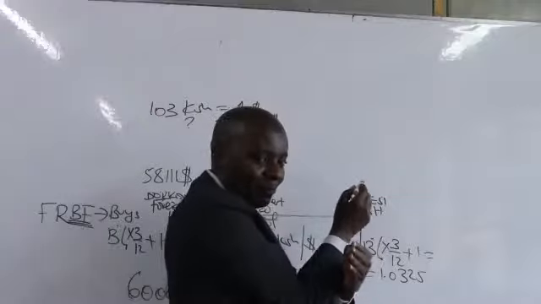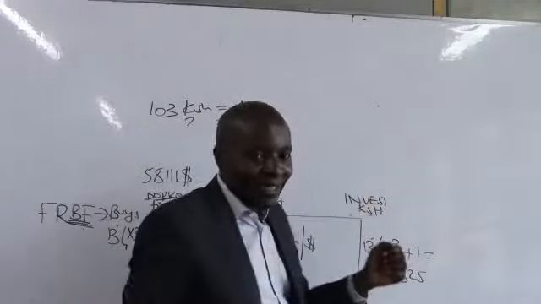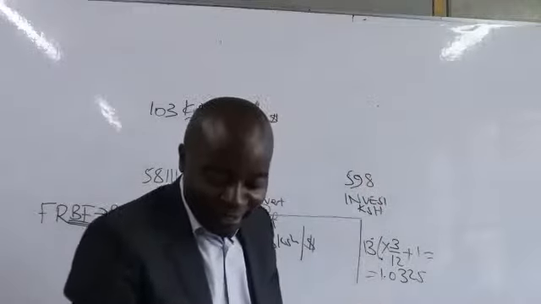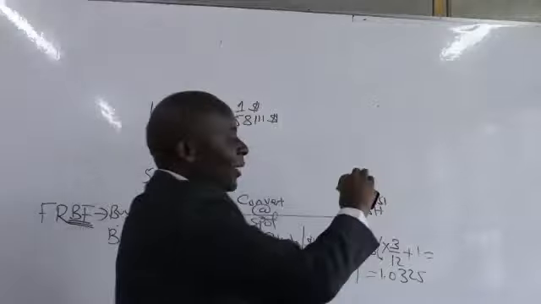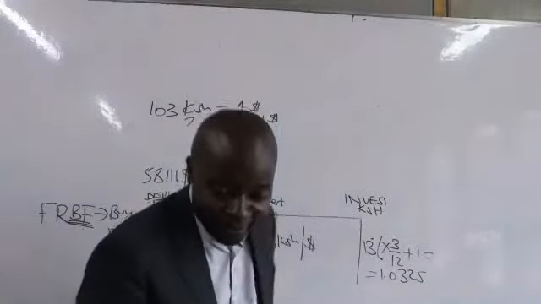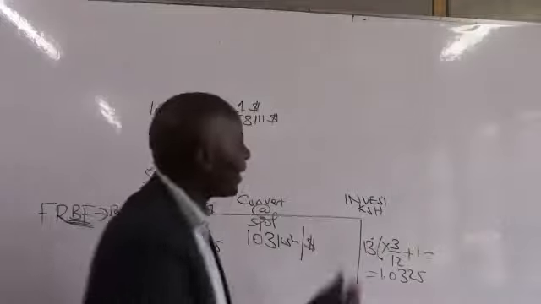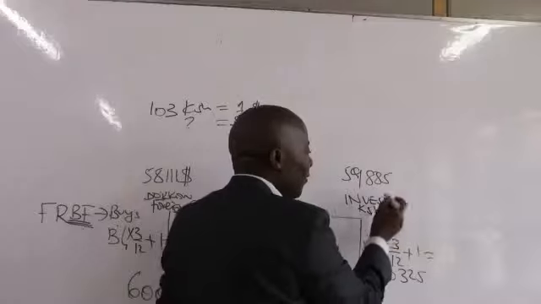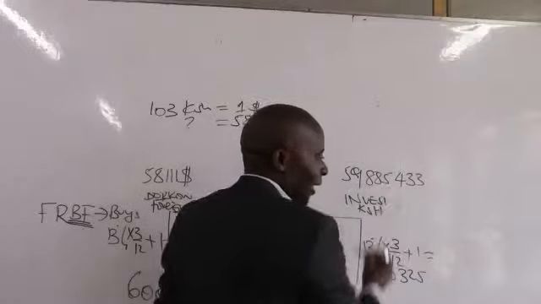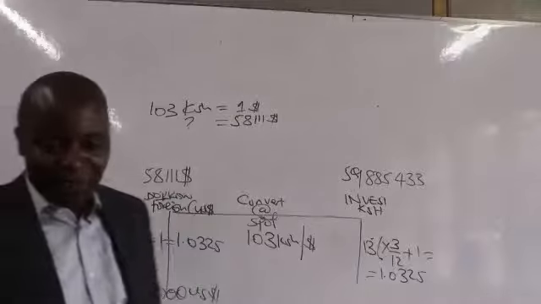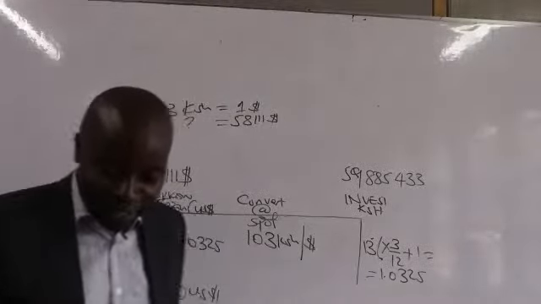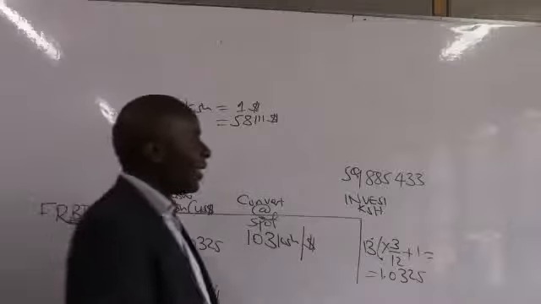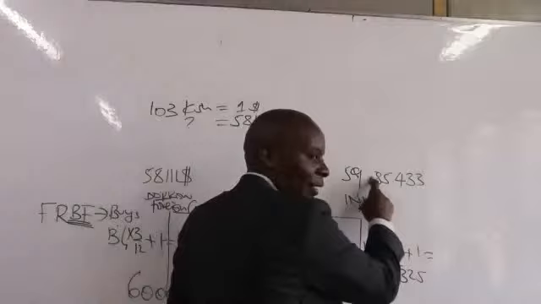Ngapi? 59.5. Oh, hata nianze mwanzo. So unasema inakuja ngapi somebody? 59... 885... 59 like that.